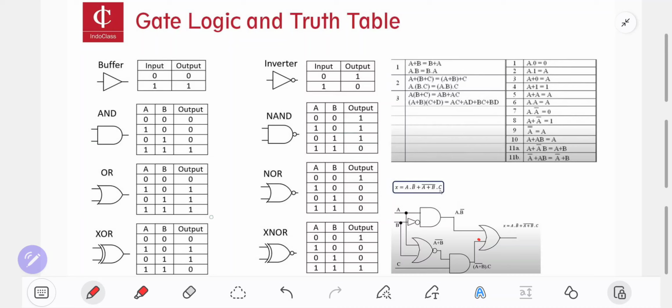The next gate logic, we go to the NOR gate logic. Before that, I will remind you NAND is NOT AND, or the opposite of AND gate logic. Then we go to NOR gate logic.